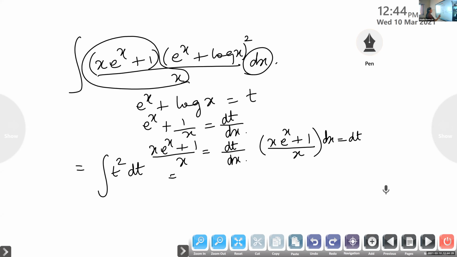So what is integral of t square? t cube by 3. Substitute for t. What is t? e raised to x plus log x, the whole cube by 3 plus c.